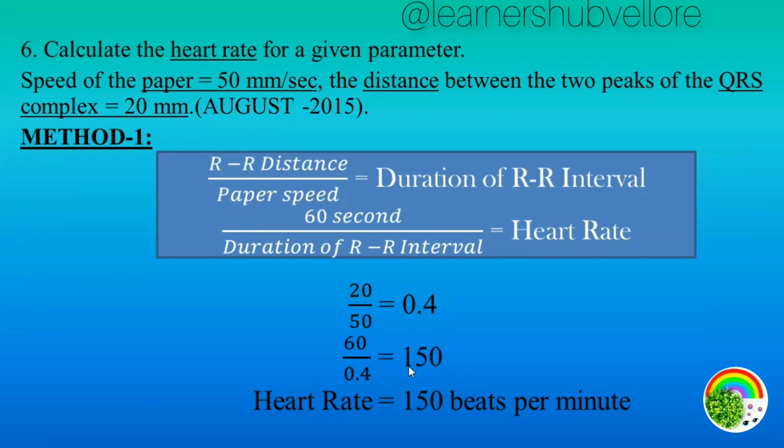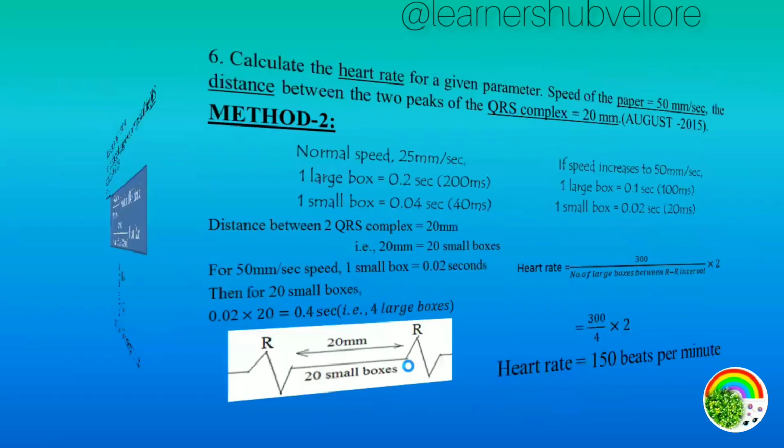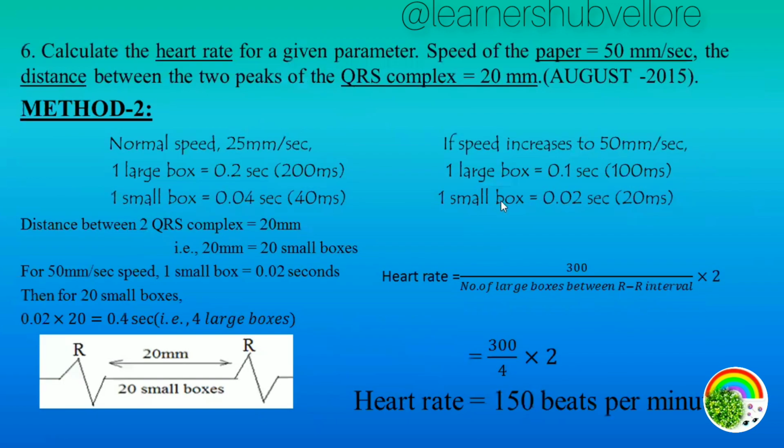There is another method, a long method. You just need to know it once. Method 2: at normal speed, that is 25 mm per second, one large box is 0.2 second, that is 200 ms, and one small box is 0.04 seconds, that is 40 ms. When the speed increases, the timing decreases.